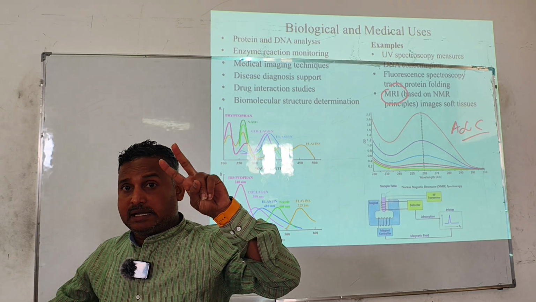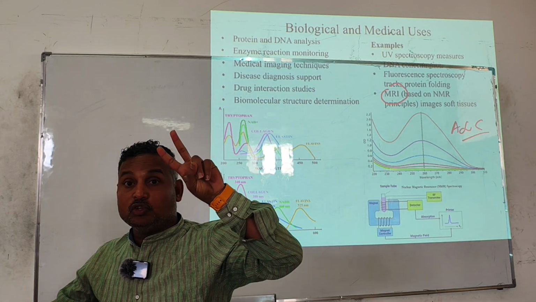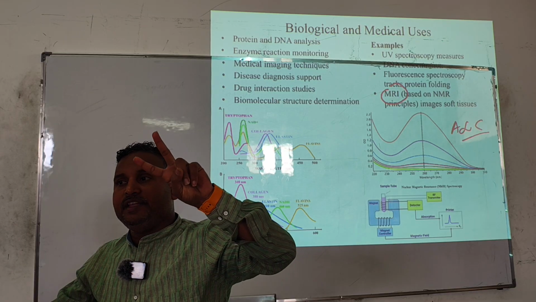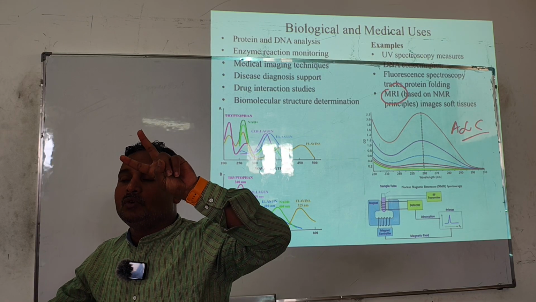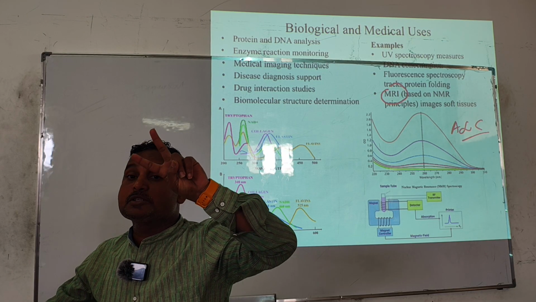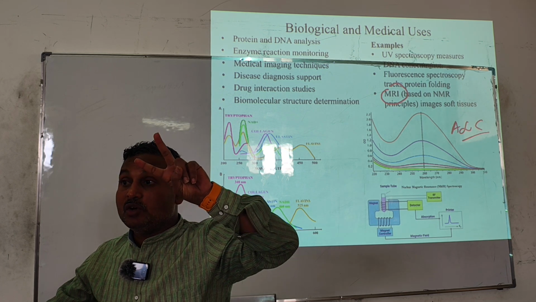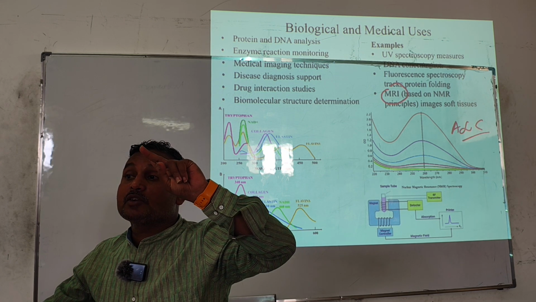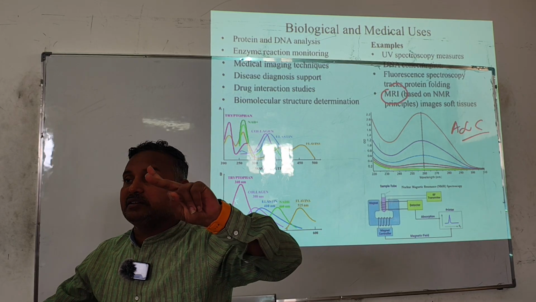There are two techniques called photoluminescence techniques. One of them is fluorescence spectroscopy, that is the spectrofluorimeter. There is another technique called the spectrophosphorimeter.